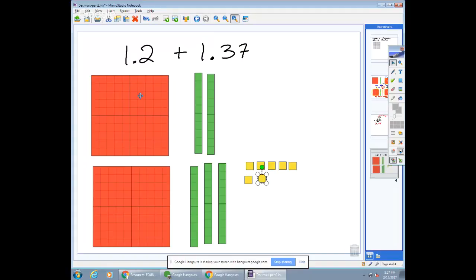Okay, so let's see. I have my 1 and 2 tenths, and here I have my 1 and 37 hundredths. Okay, I think I drew that right. Do your pictures or toys match mine?